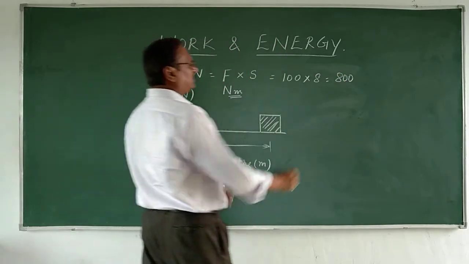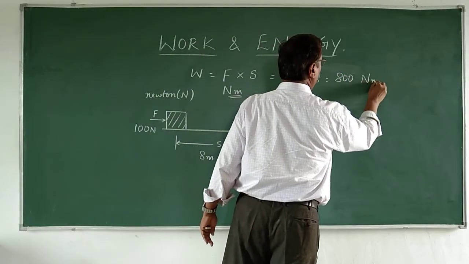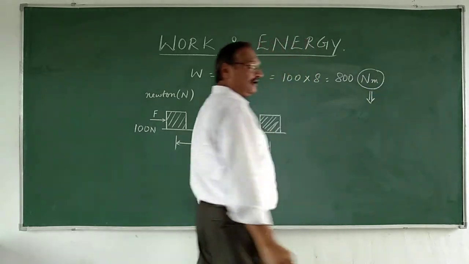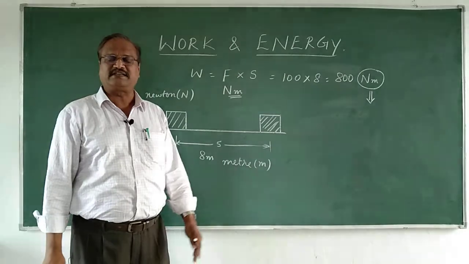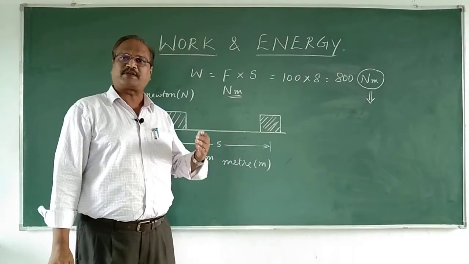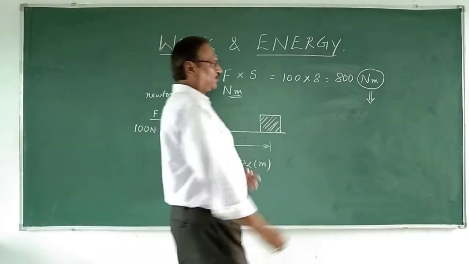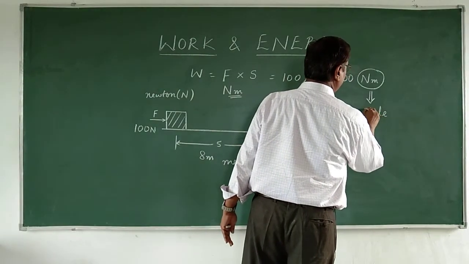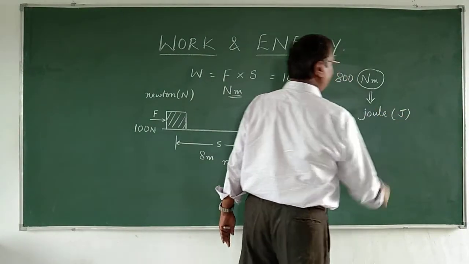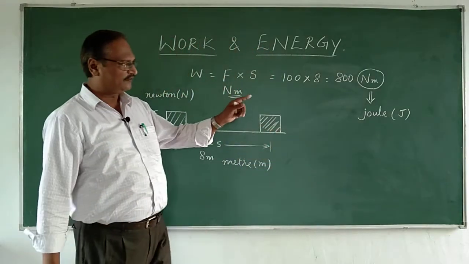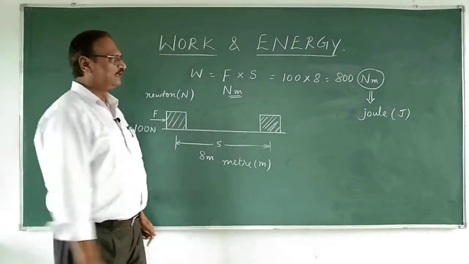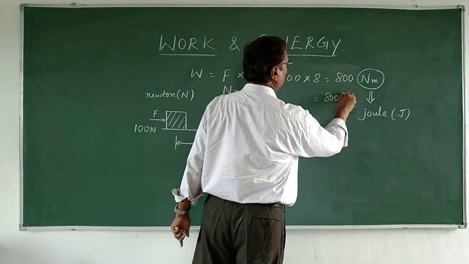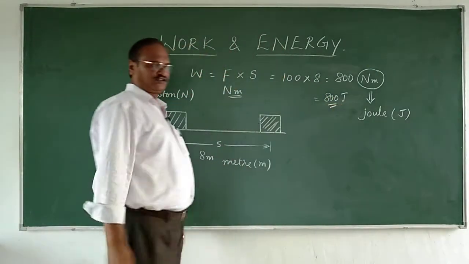Now Newton meter together is called by a scientist's name, James Prescott Joule. So this is called Joule. But you will write it again in capital letter. The term should be written in capital letter. So the work done is 800 joule. So this is the answer.